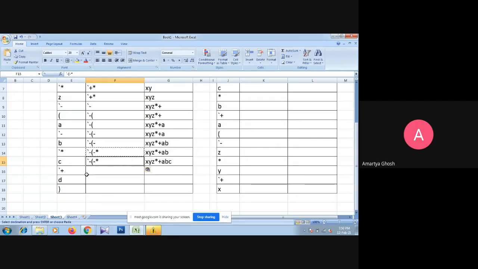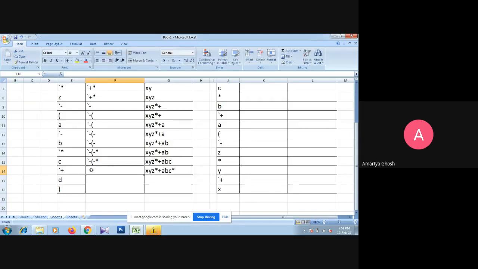Okay, so the younger brother wants to sit over the elder brother, but the elder brother cannot tolerate this. So the elder brother, that is the higher priority operator, comes up or pops out from the stack and directly goes to the post position.